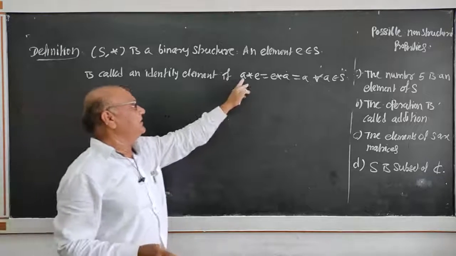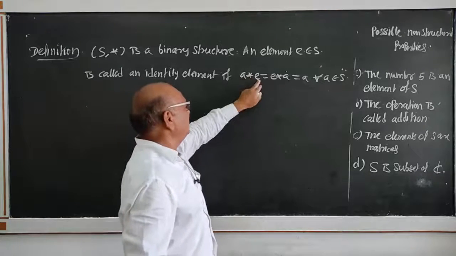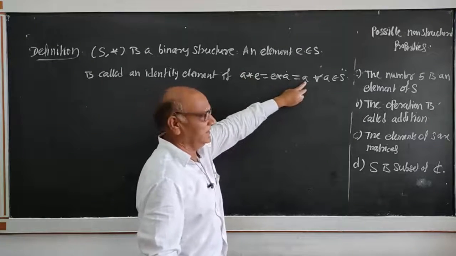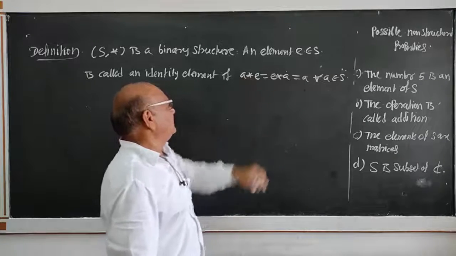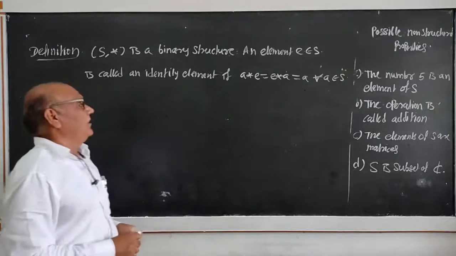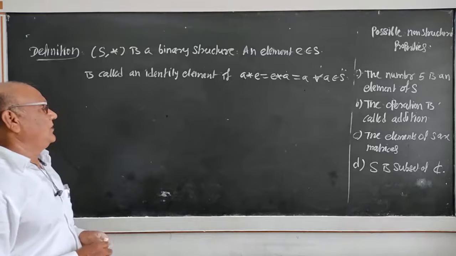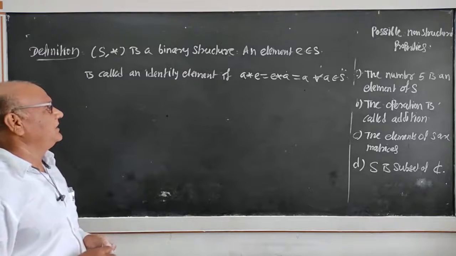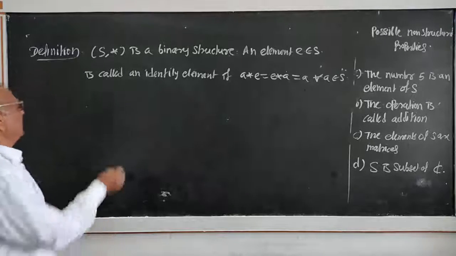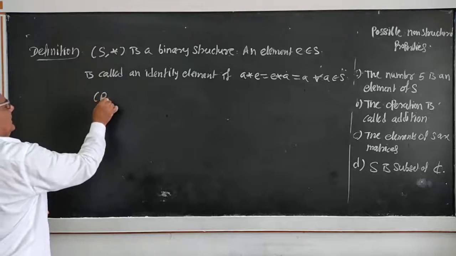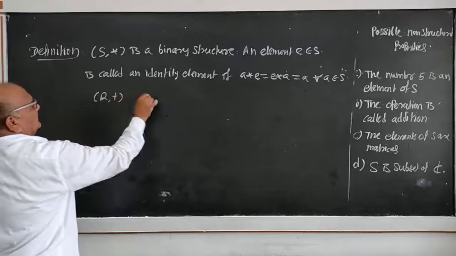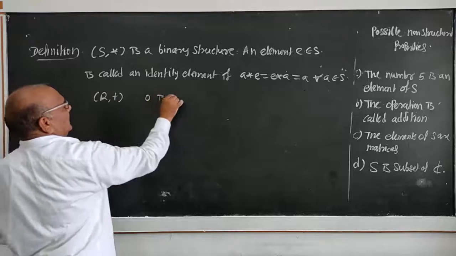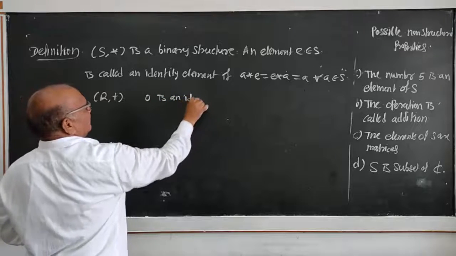Then this condition, if we a star with e, we get again a. That means there is no effect on a by e. For example, here in R with addition, 0 is an identity.